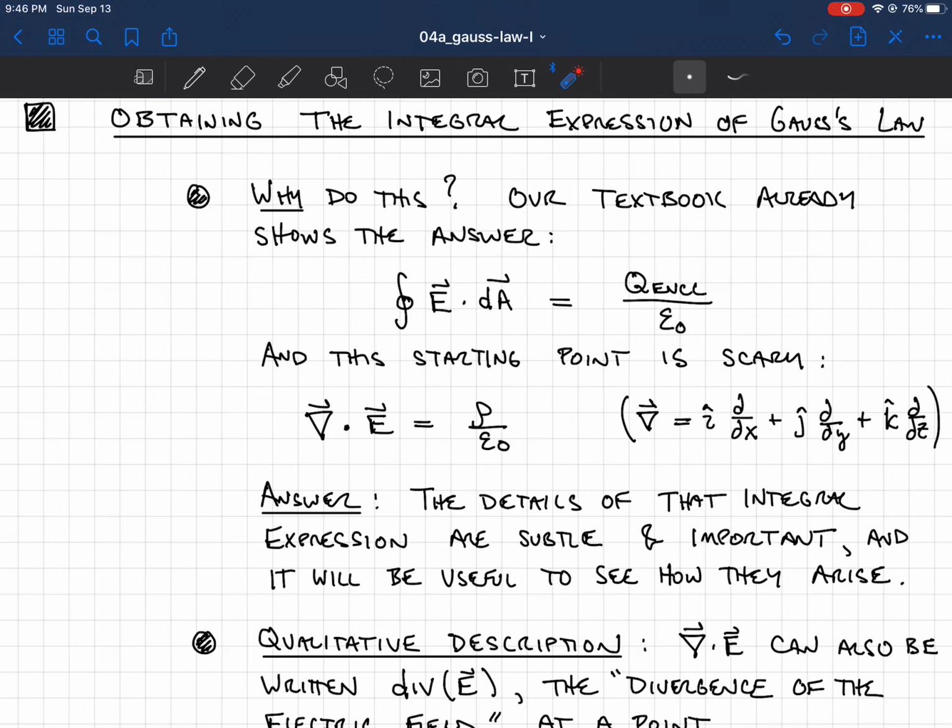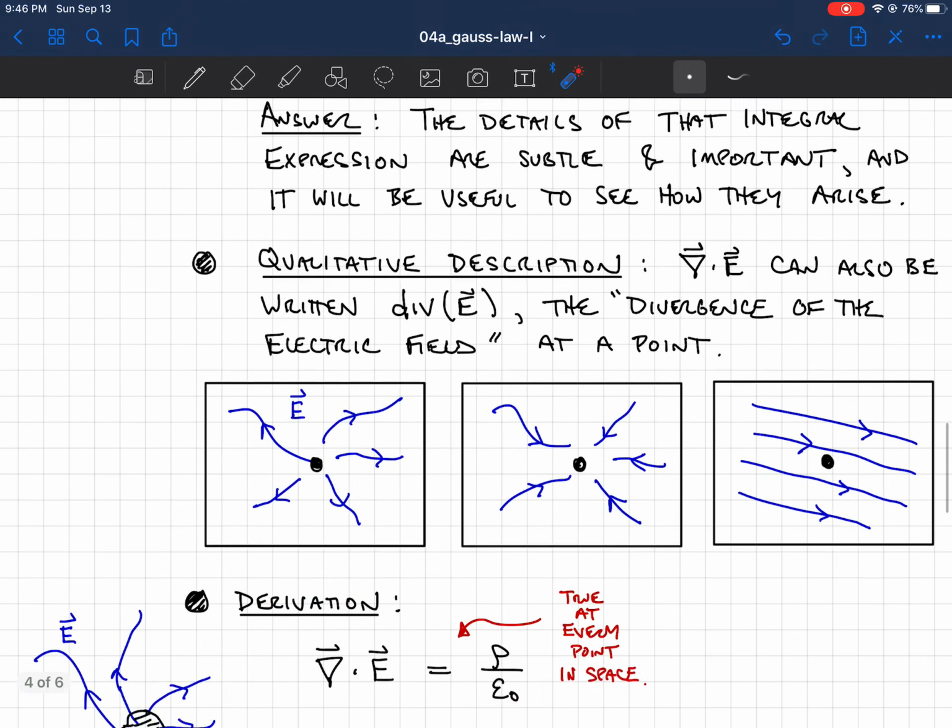The reason that I want to show you the process of going from here to here is because the way that we do that integral, the way that we set it up, will allow you to understand the pieces of this equation. What does Q enclosed mean? What does this little circle mean? What does this dot product of E and dA mean? All of those are basically just symbolic notation, and it's important that you know what they mean. So we'll go through that.